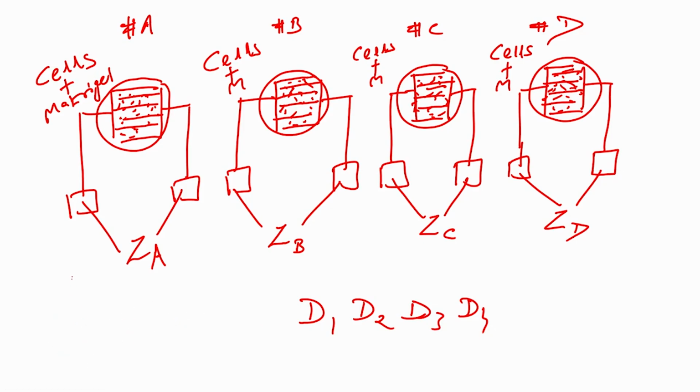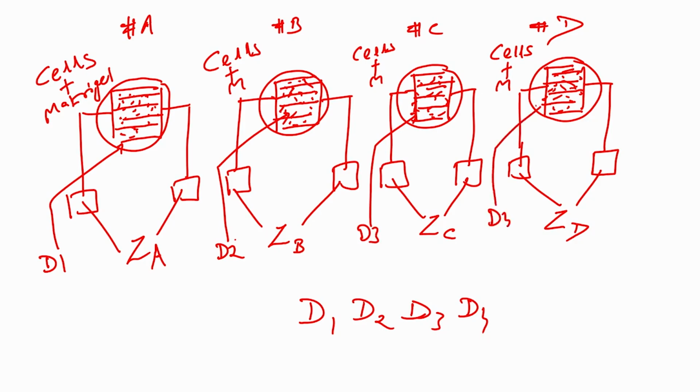Now, if I load drug 1 here, drug 2, drug 3, and drug 4 in chip number D, I will see ZA1, ZB1, ZC1 and ZD1.